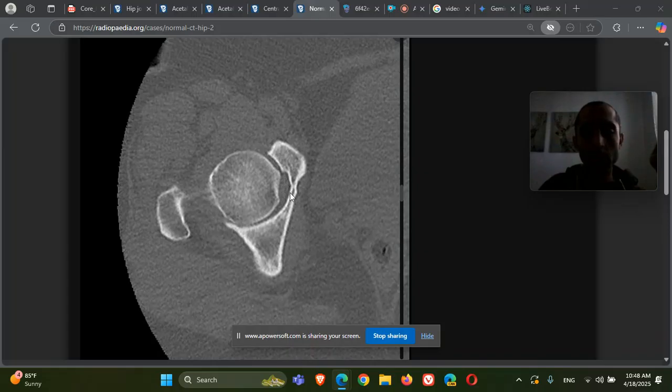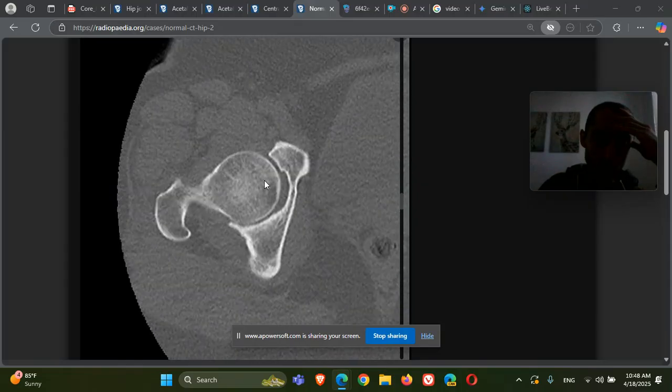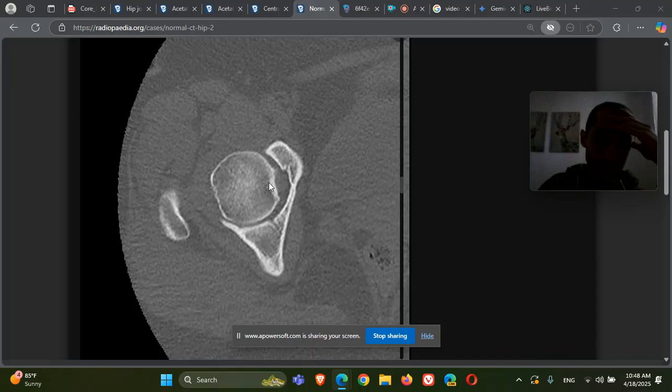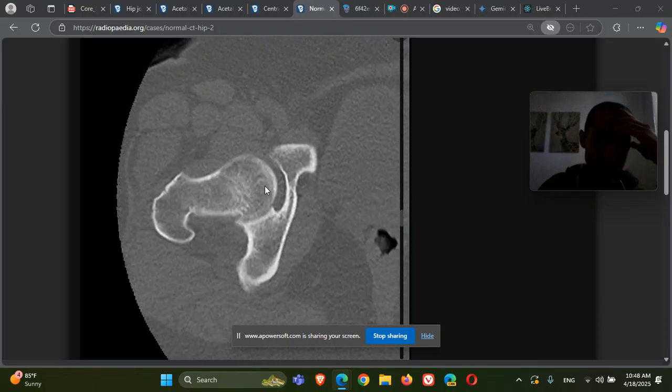Ligamentum teres comes from the transverse ligament. Transverse ligament sends its fibers and goes into the pulvinar. So this is what we can see, and this is normal. This is not a fracture or something. This is the fovea capitis. This is the groove in which the ligamentum teres, right over here, penetrates the femoral head.